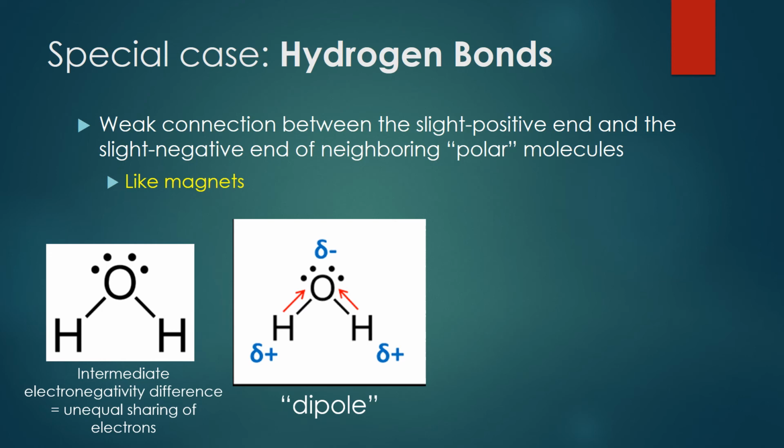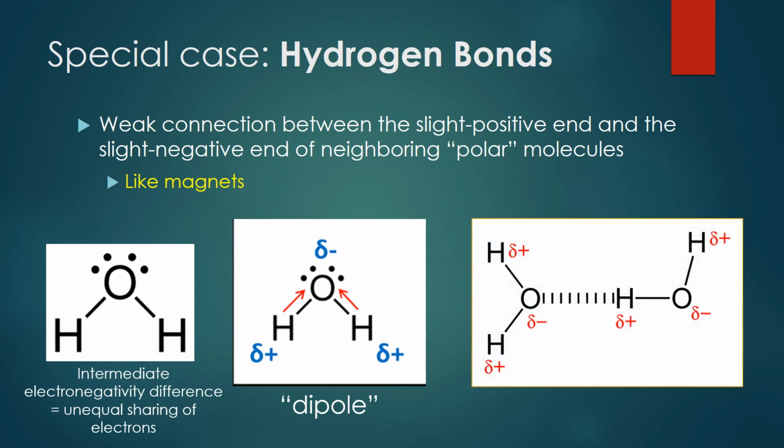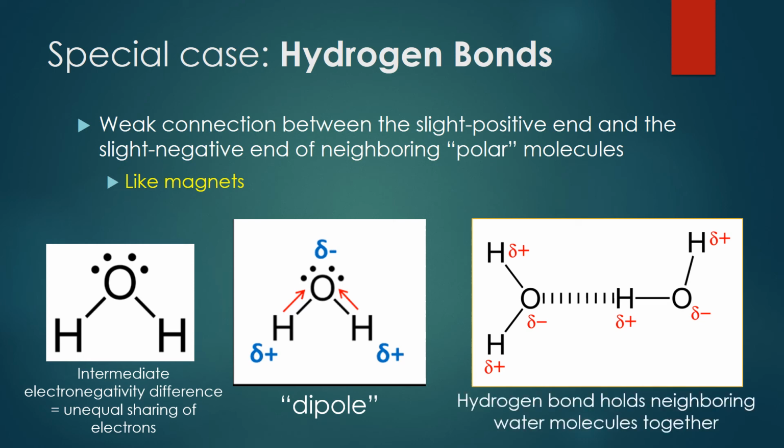Now this is happening in every water molecule in your bucket of water. So what happens between neighboring water molecules is that, just like magnets, the slight negative side tends to align toward the slight positive side of its neighbor. These hash marks that you see between the oxygen and the hydrogen here in the third panel represent our hydrogen bond.